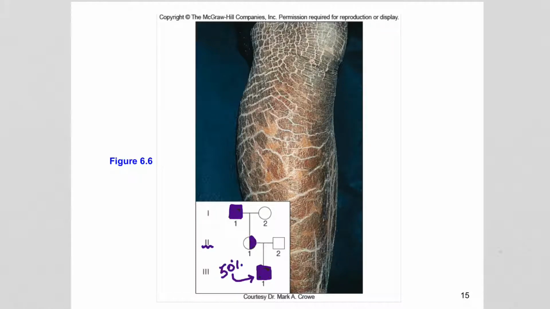And in this case, if she does that, he is going to show the same phenotype as his grandfather because he doesn't have an extra copy of the X chromosome to mask anything else that's present. So you can see that only males are affected in this small pedigree, and females are carriers.